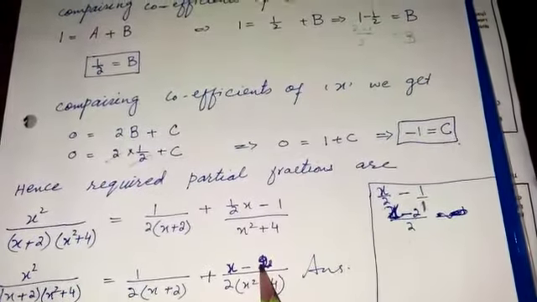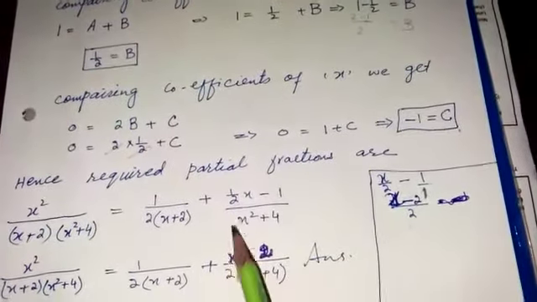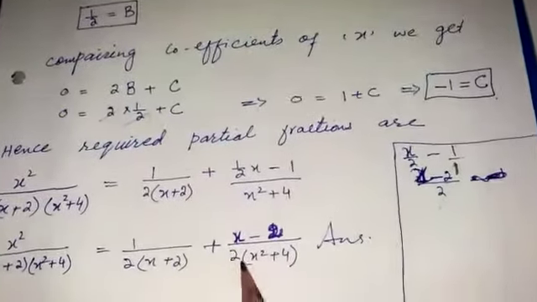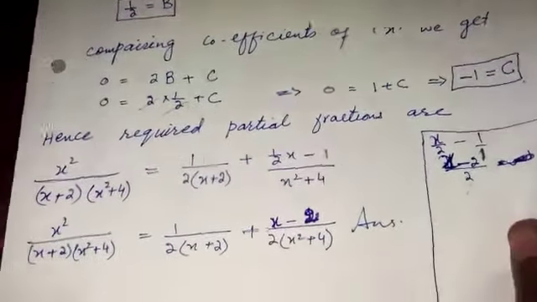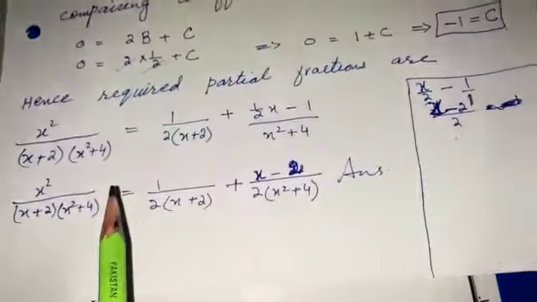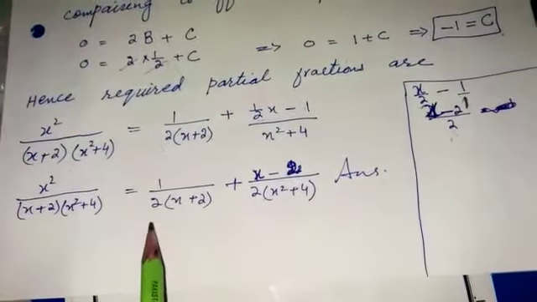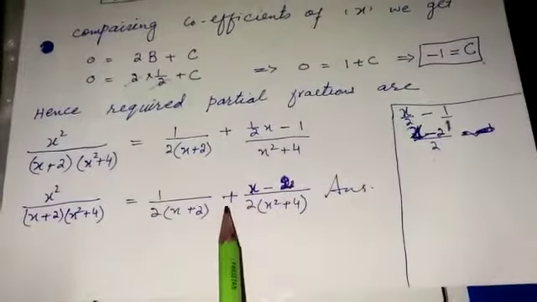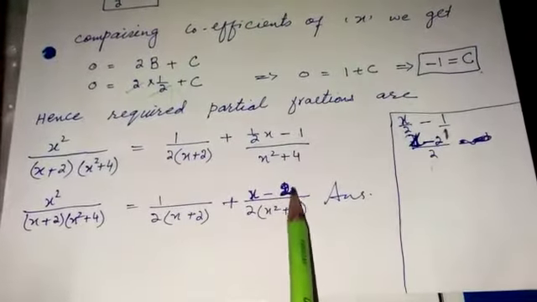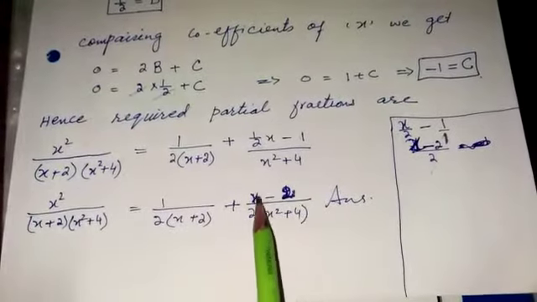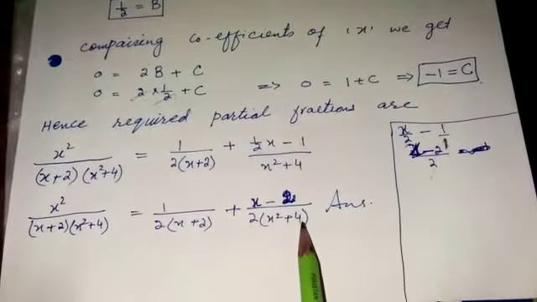So we put here x minus 2 over 2. This denominator will be written in the denominator. So the final partial fractions of x square over (x plus 2) into (x square plus 4) will be 1 by 2 into (x plus 2) plus (x minus 2) by 2. 2 is the whole denominator of these two terms into x square plus 4.